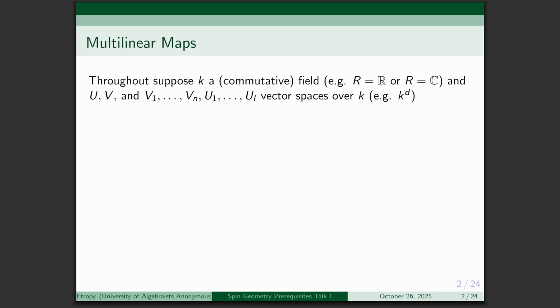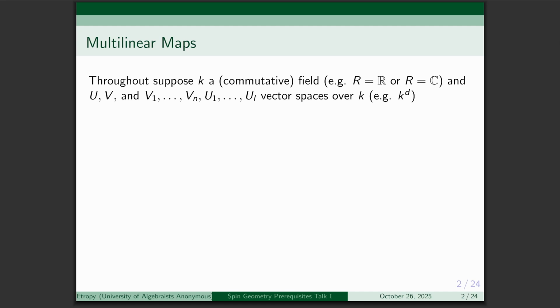A lot of these things you can do over arbitrary commutative rings, and then the vector spaces you get are what's called modules. But for the purposes of this book, even though there are modules over Clifford algebras, I think this is essentially the relevant situation for us. So let's fix a field, and let's fix some notation for vector spaces over the field.